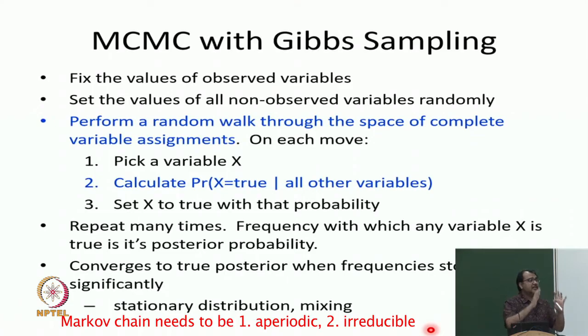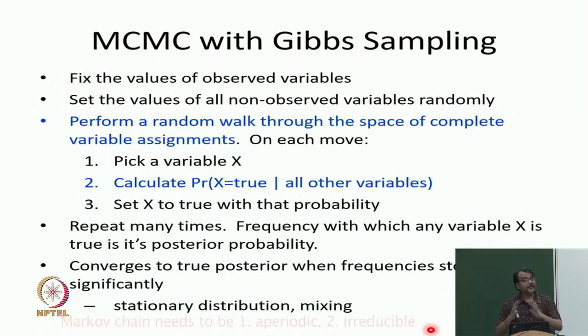And 3, when you reach the stationary distribution, what is the distribution you are going to converge to, and you can prove that that will be the posterior distribution. So, all of you who are slightly more mathematically inclined, I really encourage you to read more about this. This is one of the most important algorithms in the 2000s era. This is called Gibbs sampling, by the way.